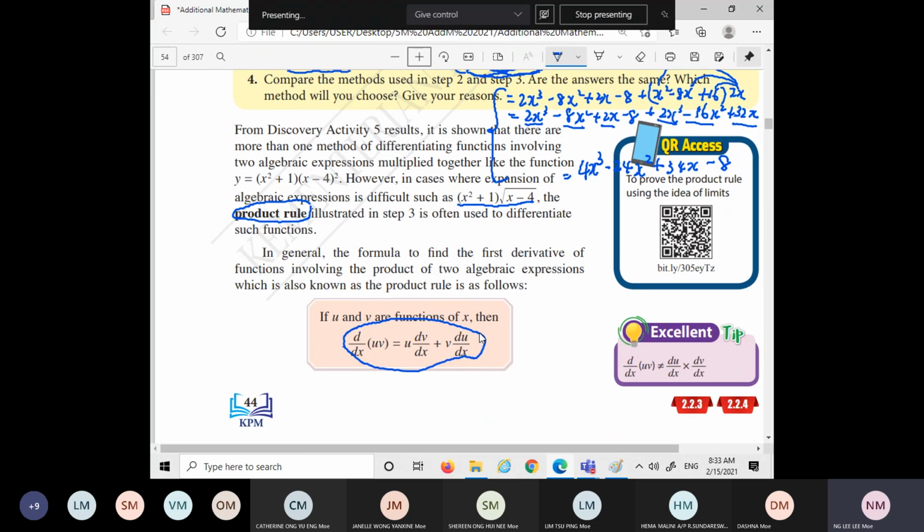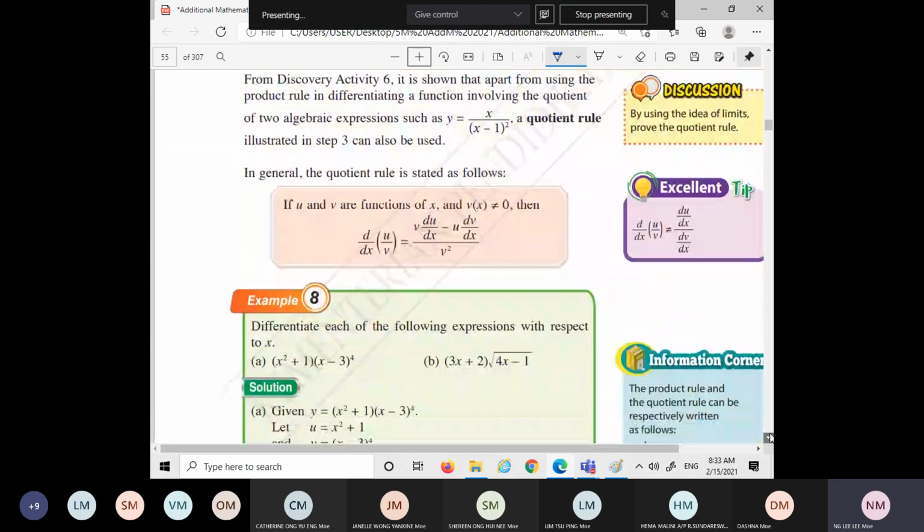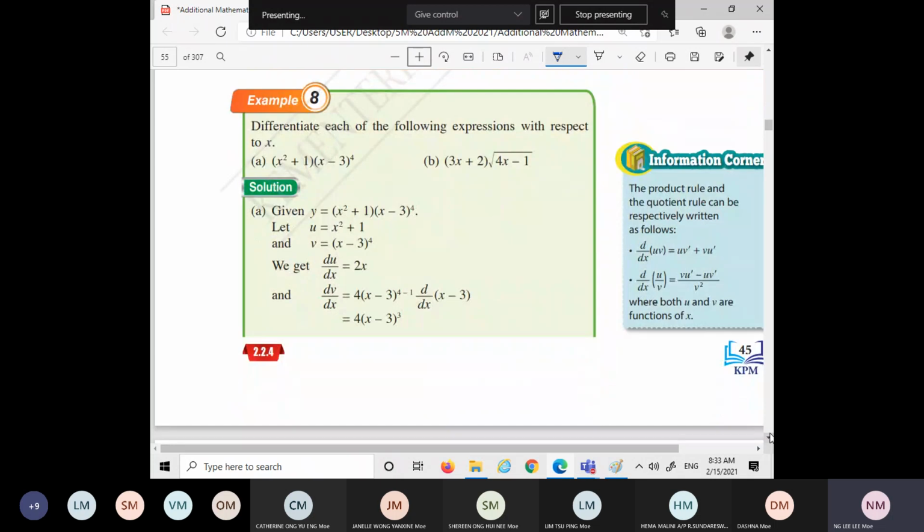Let us jump to the next activity. We go and see some questions for the product rule. Then after that, we come back. Look at these questions.